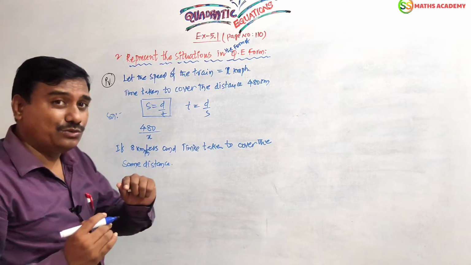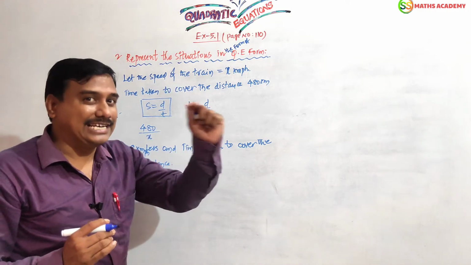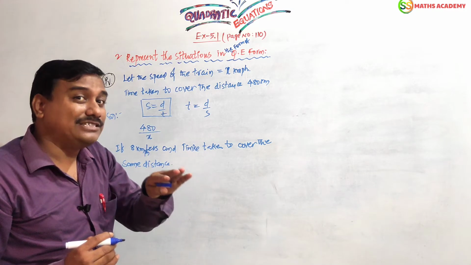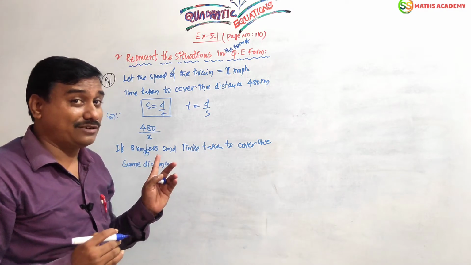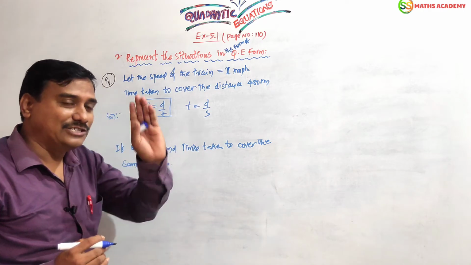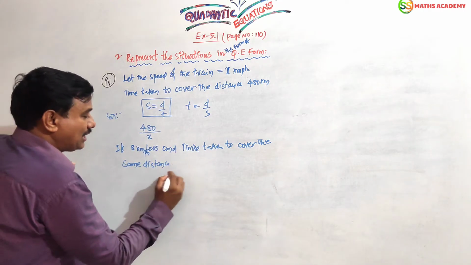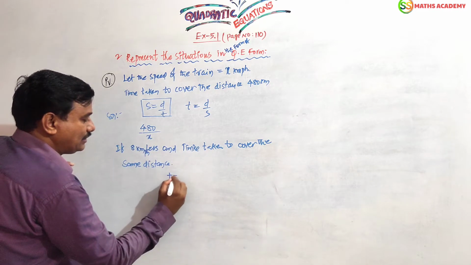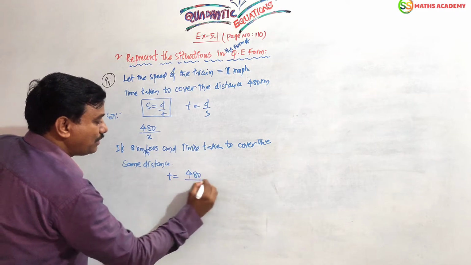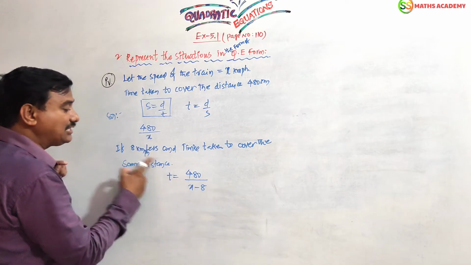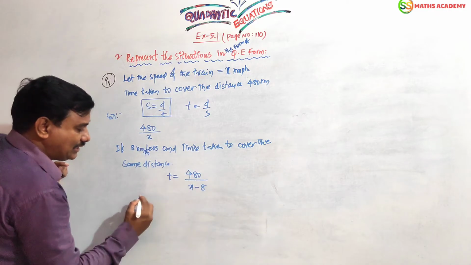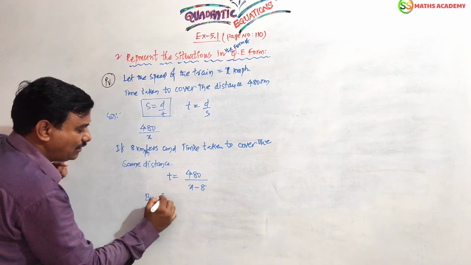Imagine going from Warangal to Tirupati at speed x, and coming from Tirupati to Warangal the speed decreases by 8 kilometers per hour, same distance. So here the time t is the same distance, but the speed will be 8 kilometers less. Less means minus. Now it takes 3 hours more in total by the given data.